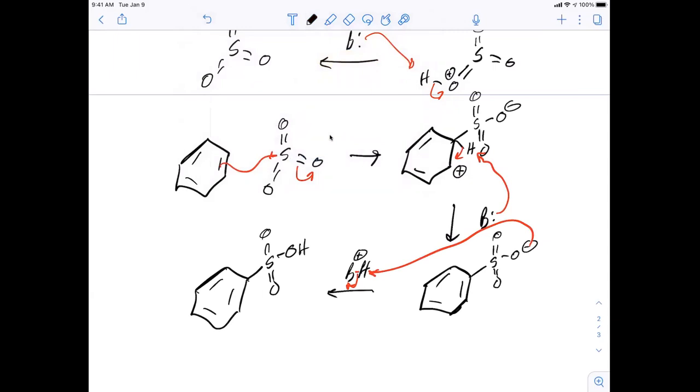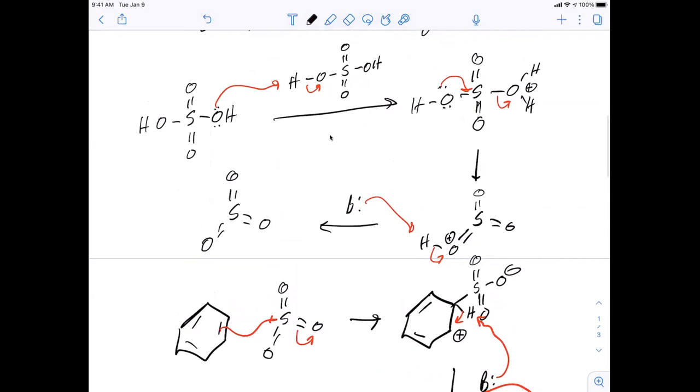That completes the electrophilic aromatic substitution. Okay. Questions about this one? Okay. So I just wanted to show you how we make that SO3 if it's not already added.